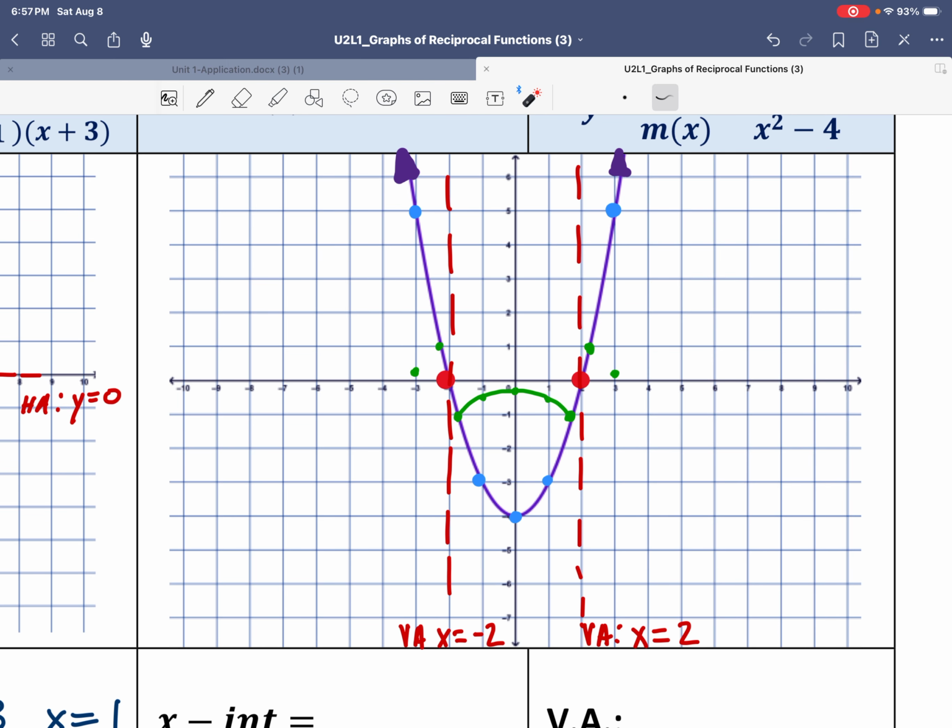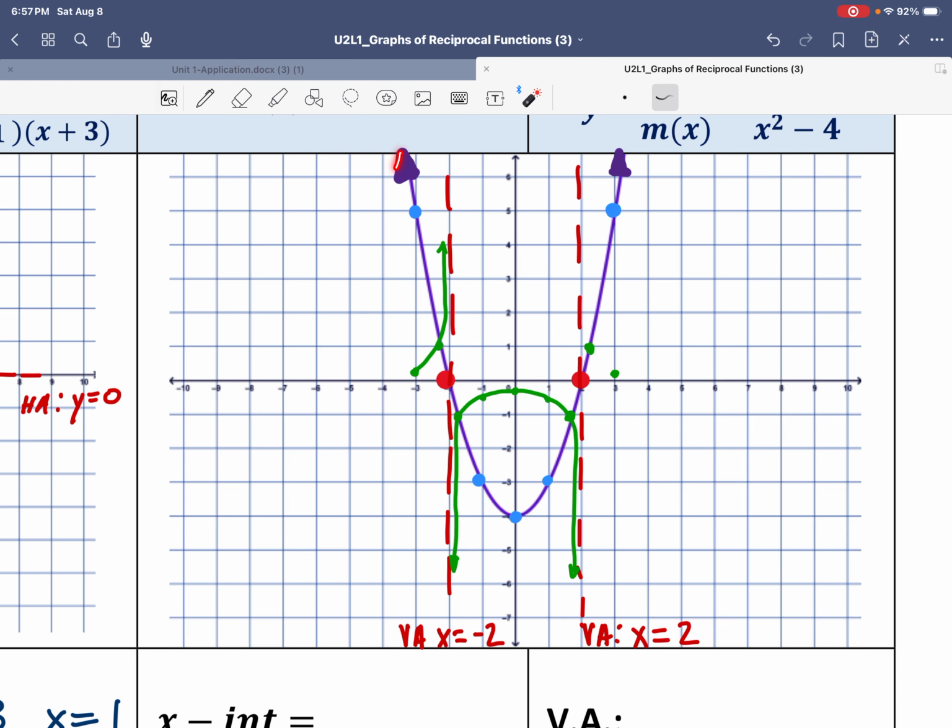And I know that as the y values get closer and closer to 0, so negative 0.00 something, the reciprocal will become negative infinity, bigger and bigger. And that's where the graph is going. Now, for this part of the graph, we're going to say that the graph will get closer to the vertical asymptote.